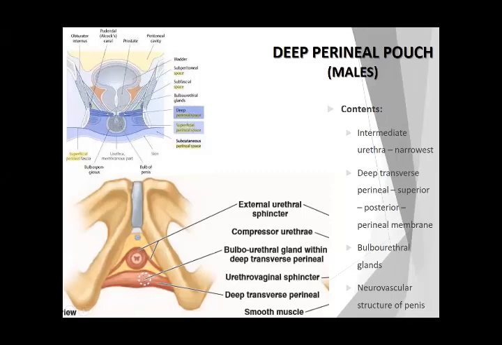You have to lift this deep transverse perineum to see the bulbourethral glands. In other words, the bulbourethral glands are resting directly on the perineal membrane. Look at this, these bulbourethral glands are white. They are lying on the perineal membrane. This over here would be the perineal membrane. And of course, don't forget the neurovascular structures, nerves and blood vessels.